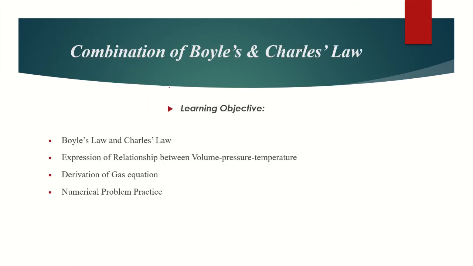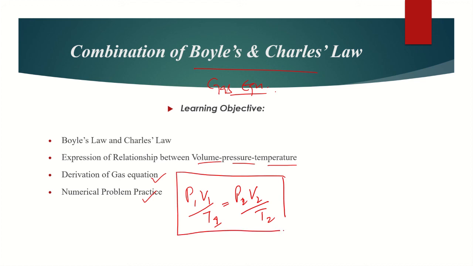So to recapitulate what we have learned under the combination of Boyle's law and Charles' law, which is also called gas equation: we learned the relationship between volume, pressure, and temperature, and we have also derived gas equation, and we also solved some numerical problems by using this expression, that is P1 V1 by T1 is equal to P2 V2 by T2, which is called gas equation. So with this, we're done with gas equation.